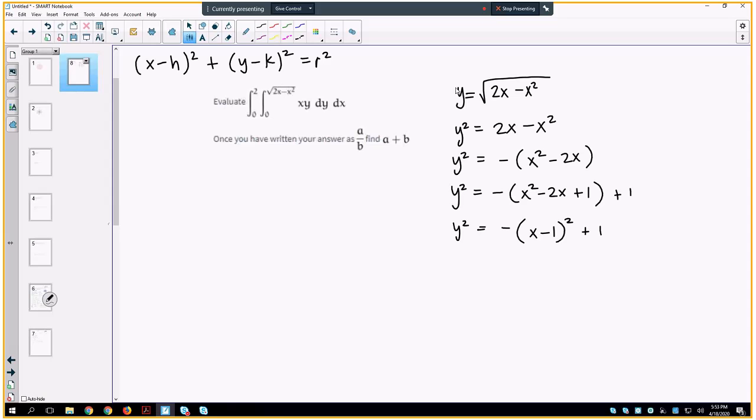So I get y squared equal to minus, x minus 1 whole squared, plus 1. If I move this over, I have y squared plus x minus 1 whole squared, and that's equal to 1. So I have the equation for the circle that I was looking for.